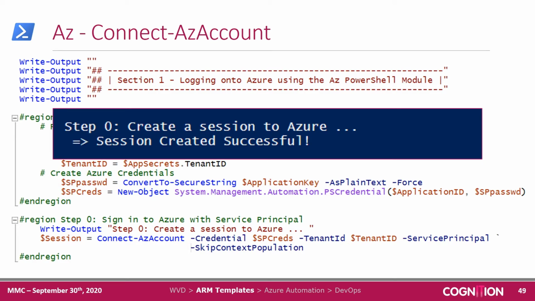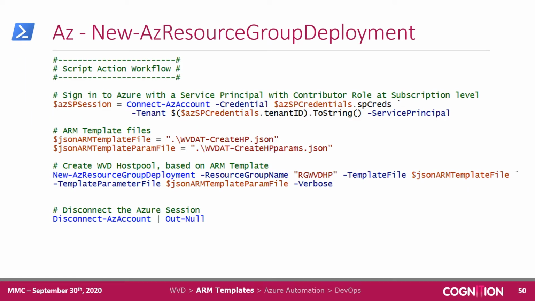So I can quickly create a session to Azure and start using different commandlets. For instance, the New-AzResourceGroupDeployment commandlet. This is the commandlet that addresses my Azure Resource Manager and provides it with an ARM template, just like the manual steps or hitting that deploy button in the template service.